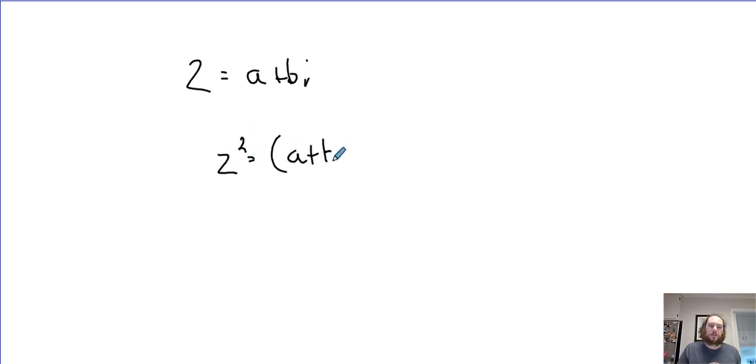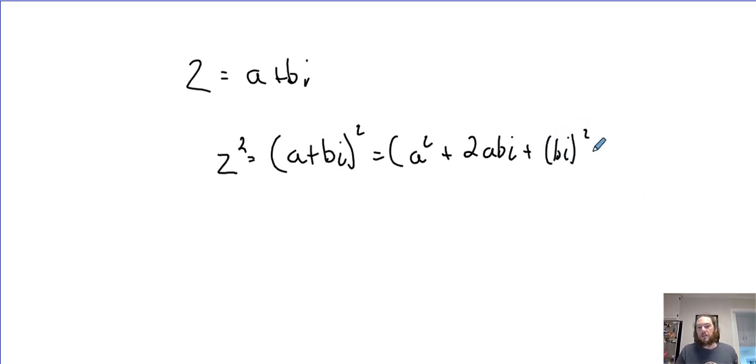We could do (a plus bi) squared, and we would just expand that. We would get a squared plus 2abi plus (bi) squared, and then we know that i squared is equal to negative 1. But there's a bit of work involved there.